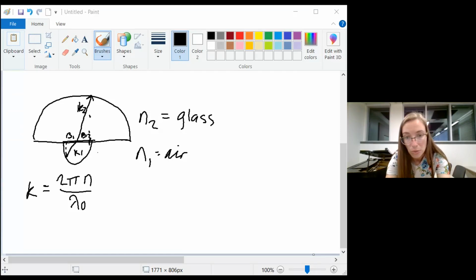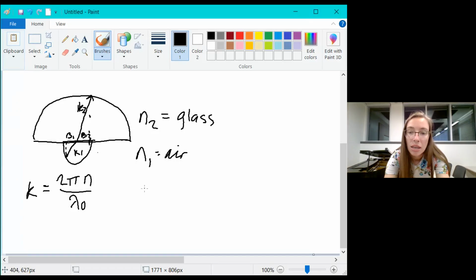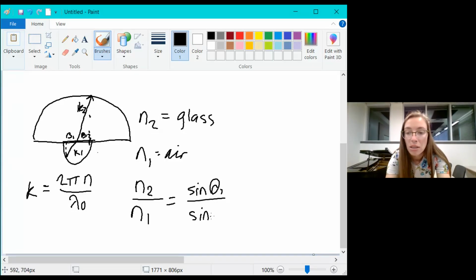And from this geometric rule, we can also get Snell's law, which is that index of refraction for the second material over that index of refraction for the first material is equal to sine theta 1 over sine theta 2.